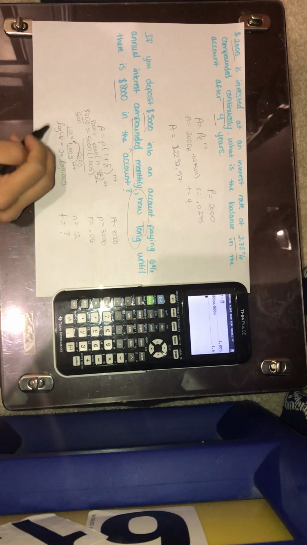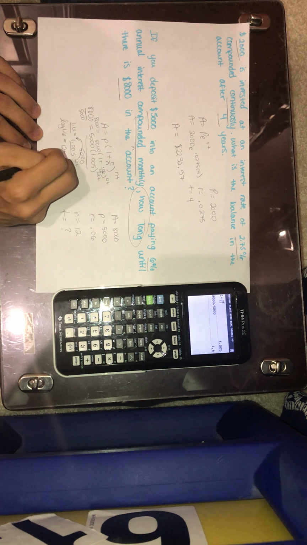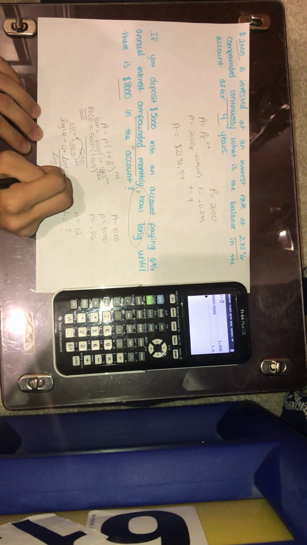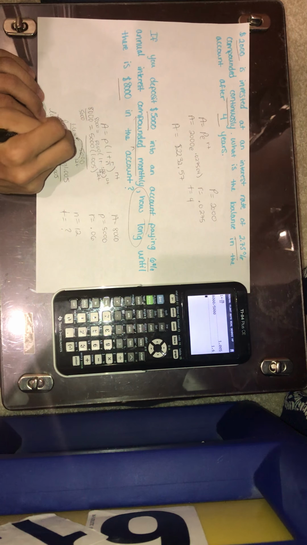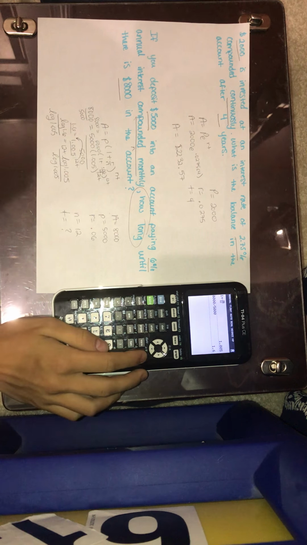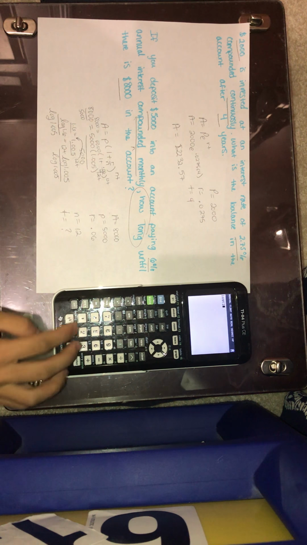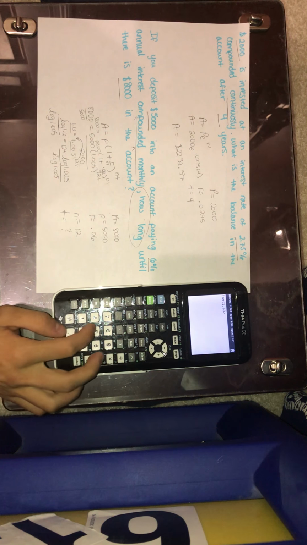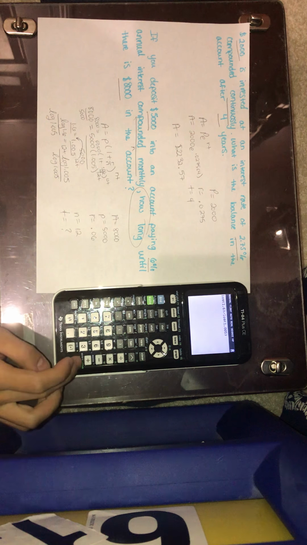Now that we have both of these in logs, we can divide this out to get 12t by itself. That's going to give us log of 1.6 divided by log of 1.005.